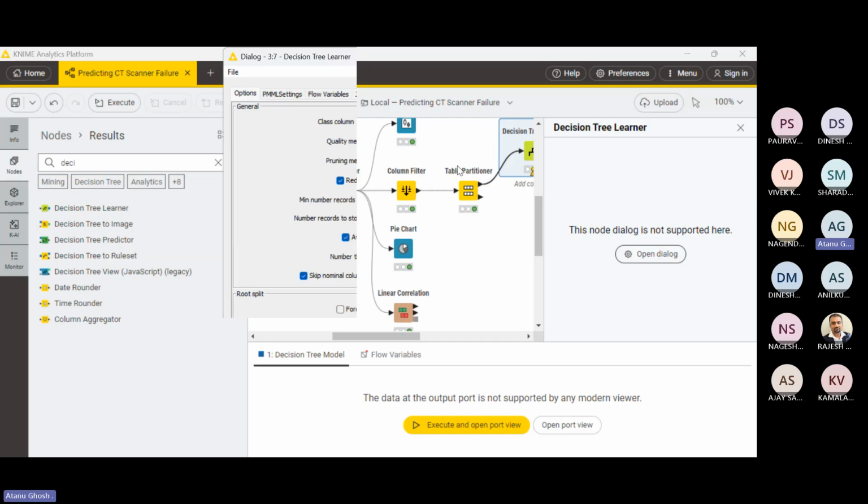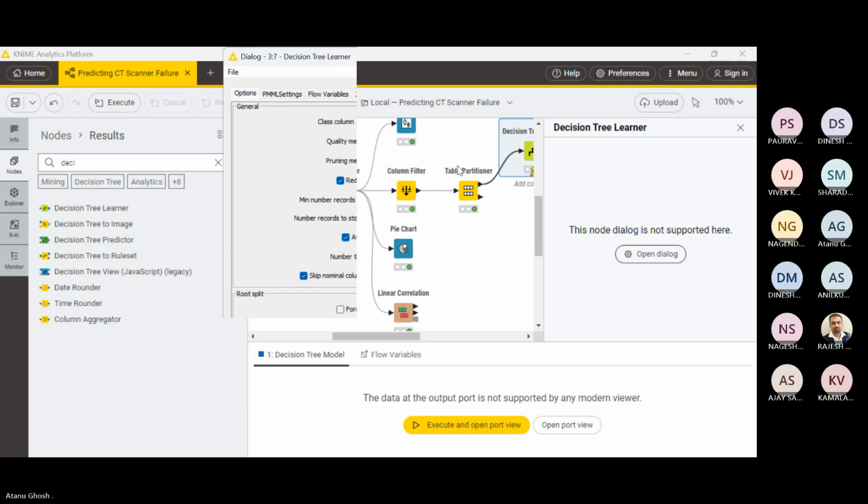Now tell me one thing, think logically. If I allow the decision algorithm to branch the if-else statements in whatever way it is possible, there is no restriction, what is likely to happen? I give no restriction in terms of the number of branches it can make and the number of times it can make the branch. The only thing I'm telling the model is that you have to ensure that the entropy, the disorder, is lowest.